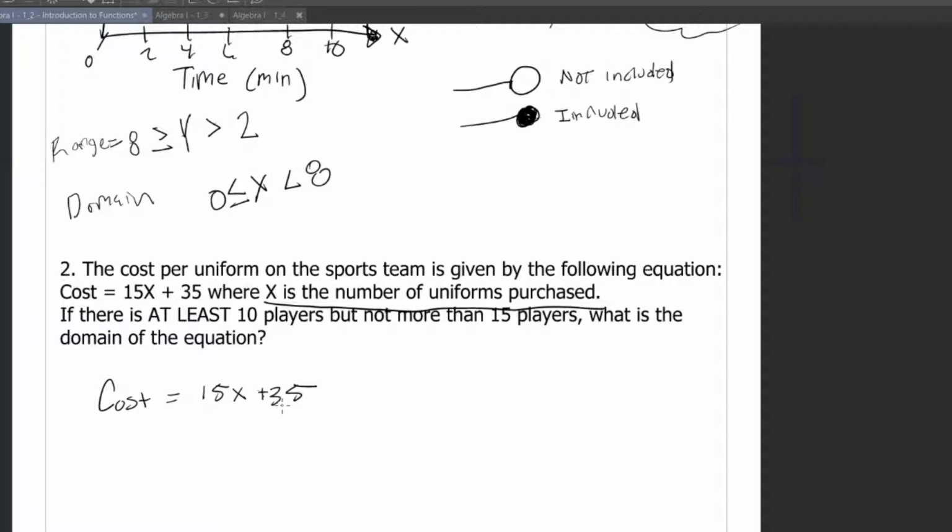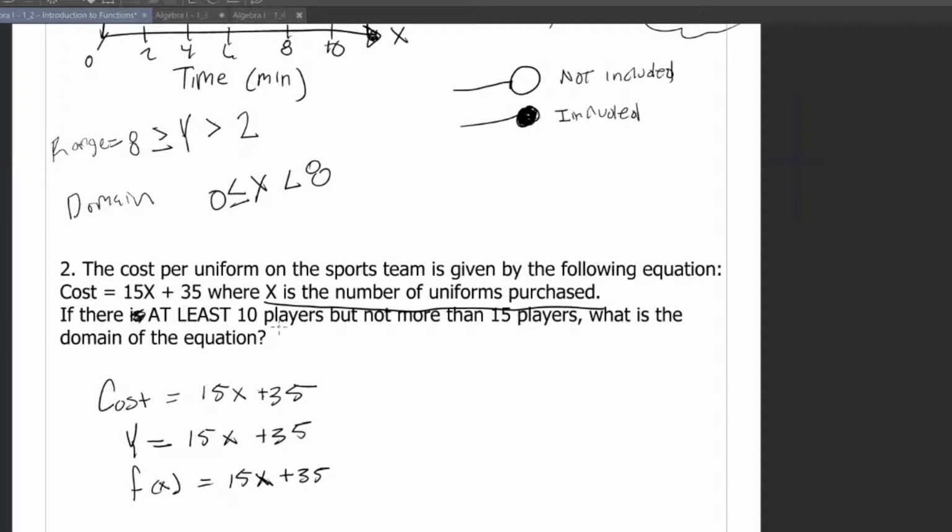So the manufacturer makes money off of the jerseys, right? And this whole thing can be rewritten as y equals 15x plus 35, or even f of x equals 15x plus 35.